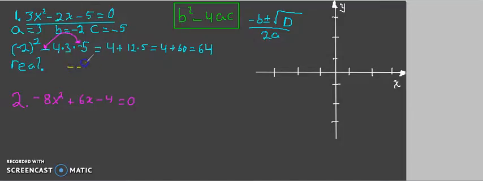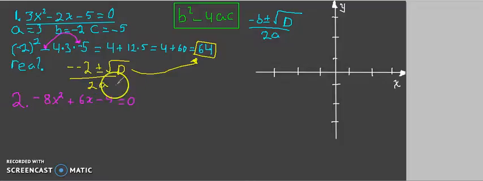So 2 plus or minus the square root of d, which is the discriminant, which is this number up here, right? This is our discriminant. So that's over 2a, and a is equal to 3.